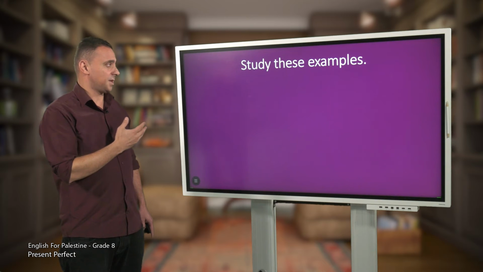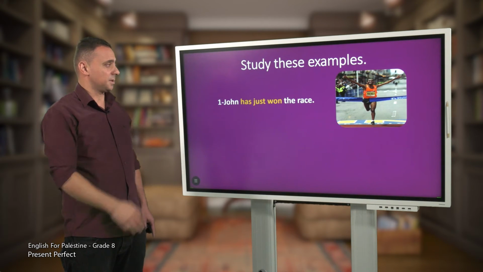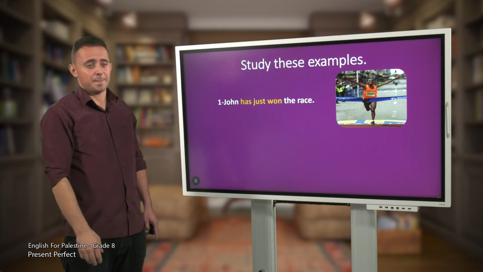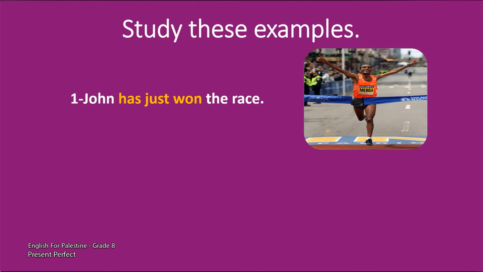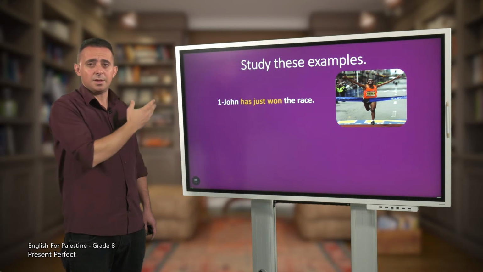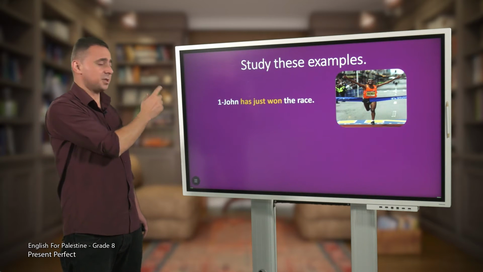Here we have pictures with examples. Look at the picture. What does the speaker say? John has just won the race. Again, John has just won the race. The verb is has won. This verb is called present perfect. And notice the word just.